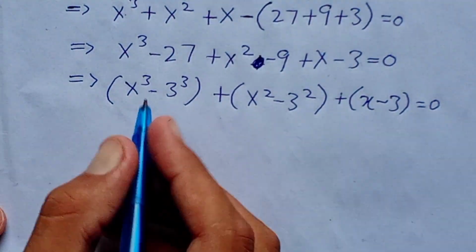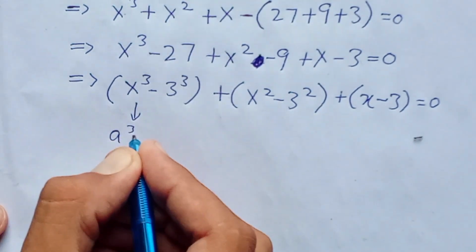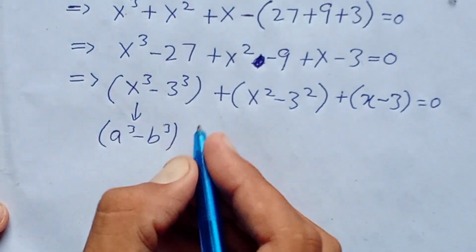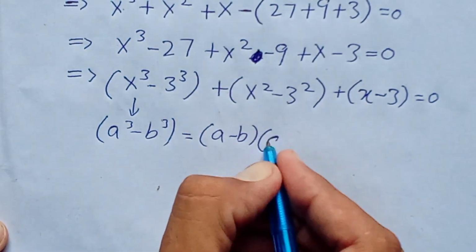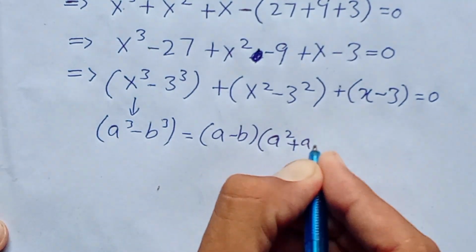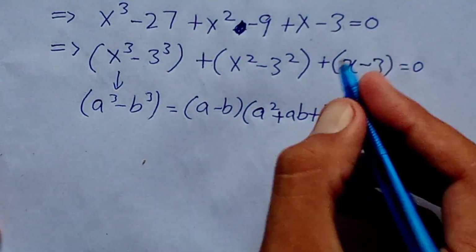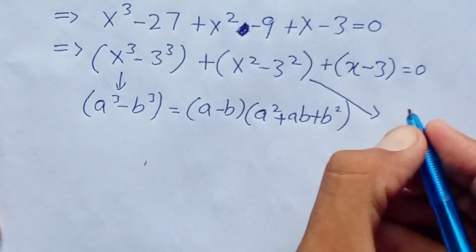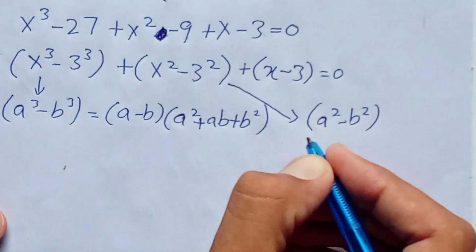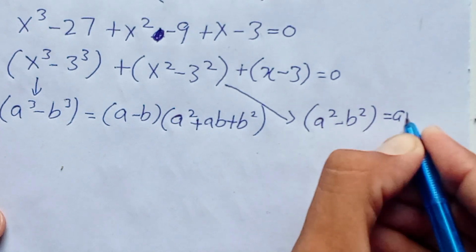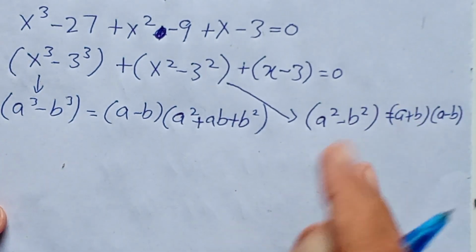Now we know the cube formula: a cube minus b cube is equal to a minus b into a square plus ab plus b square. And a square minus b square is equal to a plus b into a minus b.